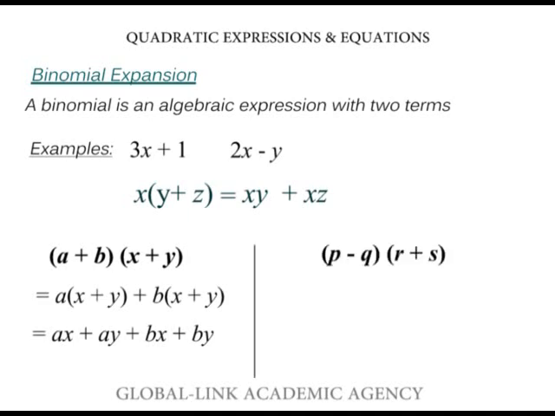Equally, (p − q)(r + s) is equal to pr + ps − qr − qs. The terms (a + b), (x + y), (p − q), (r + s) are each taken as one entity.